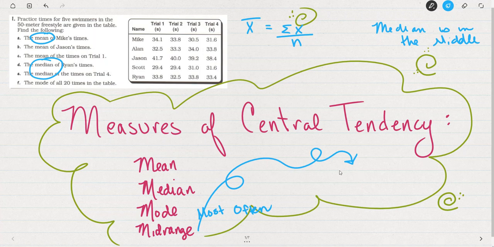Remember that to calculate the mid-range, you take the highest value and the lowest value, add them together, and then divide by half. So we're trying to find right in the middle of the high and the low, not the piece of data that's listed, but if all we had was the high number and the low number, what would be right in the middle of them?